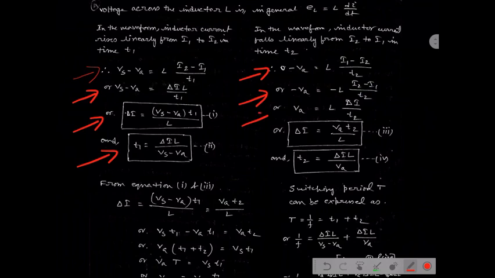And similarly, we get the result Va equals L del I by T2, as we know I2 minus I1 is defined by del I. So similarly, we can again derive the expression del I equals Va T2 by L, equation number 3, and equation number 4, that is T2 equals del I L by Va.